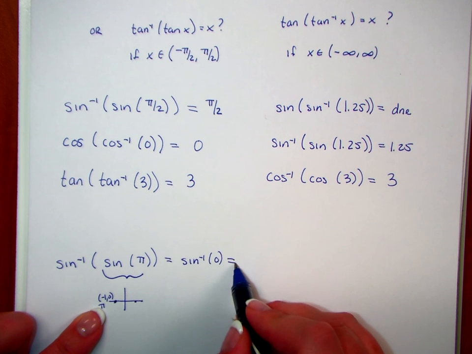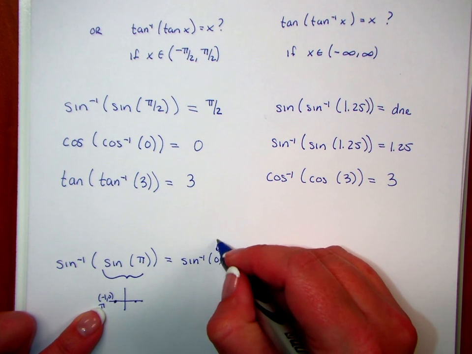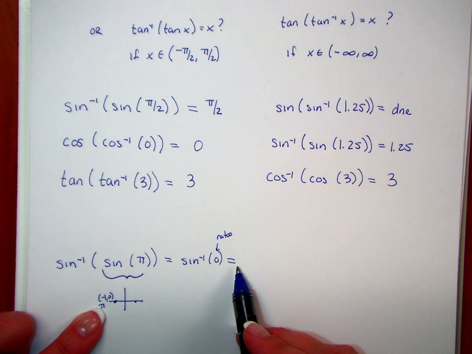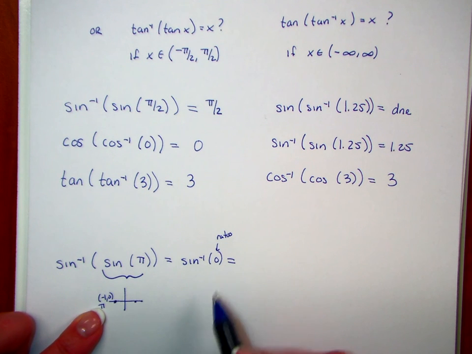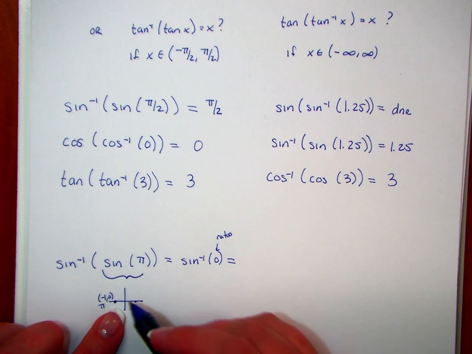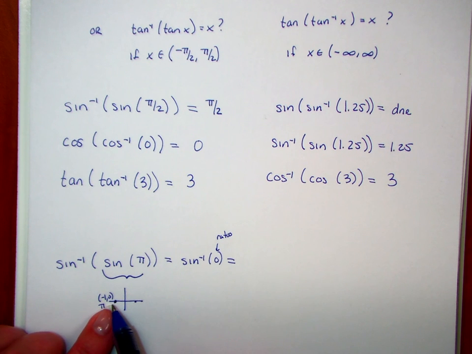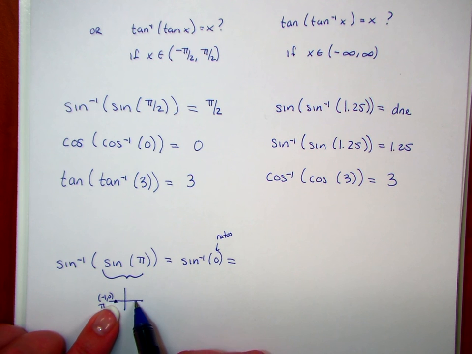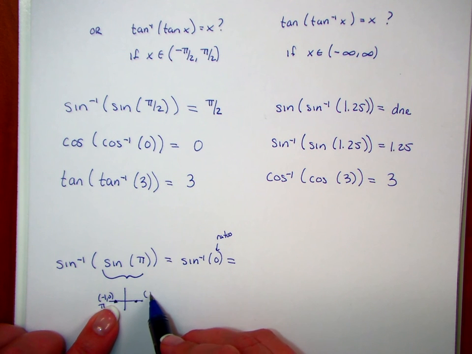Remember, this is the ratio, and the answer to an inverse trig function is the angle. So I want to translate and find the other coordinate on the unit circle where sine is 0. Sine is 0 here, and sine is 0 here as well, because this is the point 1 comma 0.